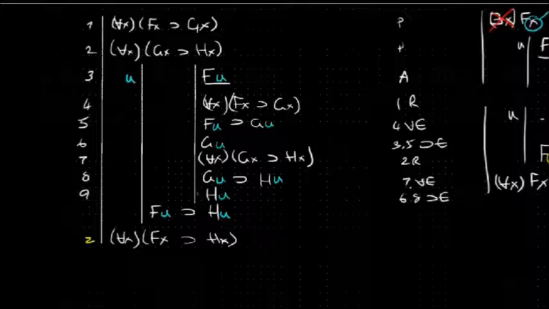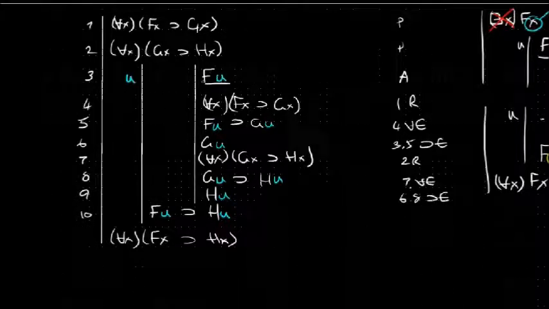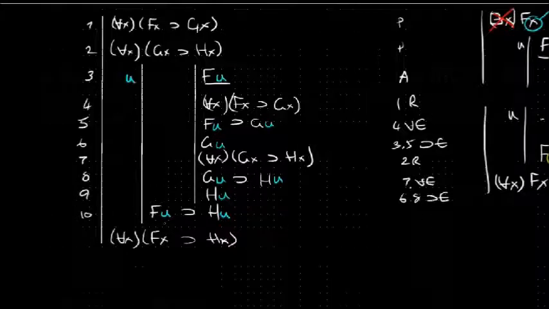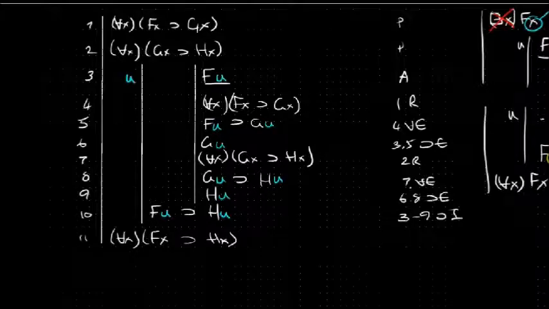So then we just do our normal horseshoe introduction, conditional introduction. We've got a scope bar here beginning with the assumption that FU and ending with HU, so we can introduce FU then HU, and that's going to be 3 to 9 conditional introduction. And then we've ended up where we wanted. So for line 11 we've got AX, FX, then HX. We've just come from this, right?